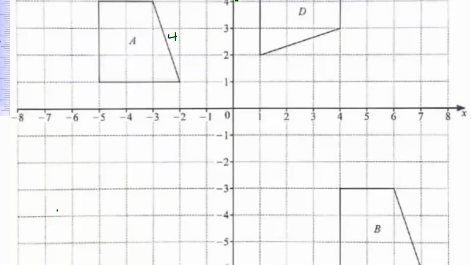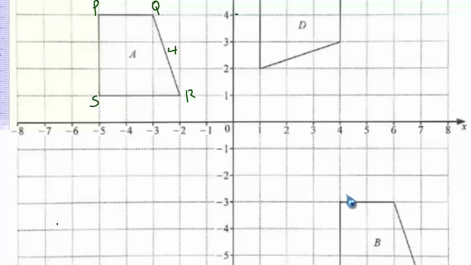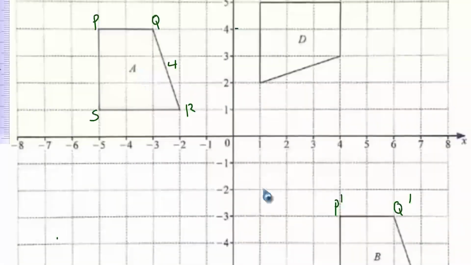The best practice is to label these, let's say P, Q, R, and S. It is not compulsory, but it is good practice. So this will be P prime, Q prime, S prime, and R prime respectively. This is the object and this is the image.